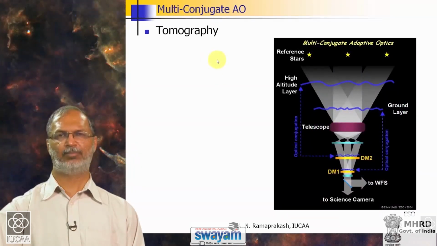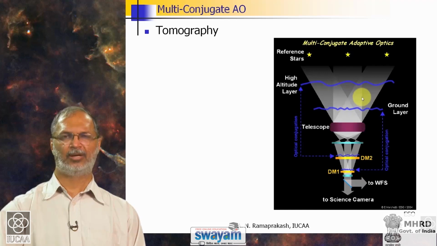This is called a multi-conjugate adaptive optics system, because it has multiple wavefront sensors and often multiple deformable mirrors, all working together, compensating for the effect of the atmosphere, which cannot be probed and compensated correctly using just a single guide star, single laser guide star and single mirror AO system.